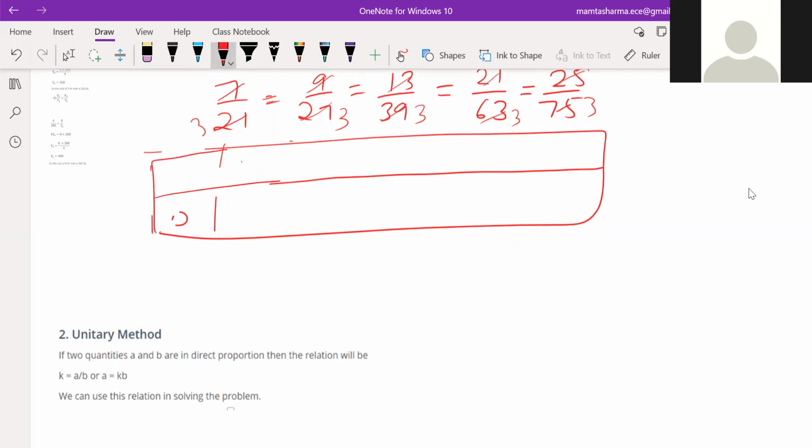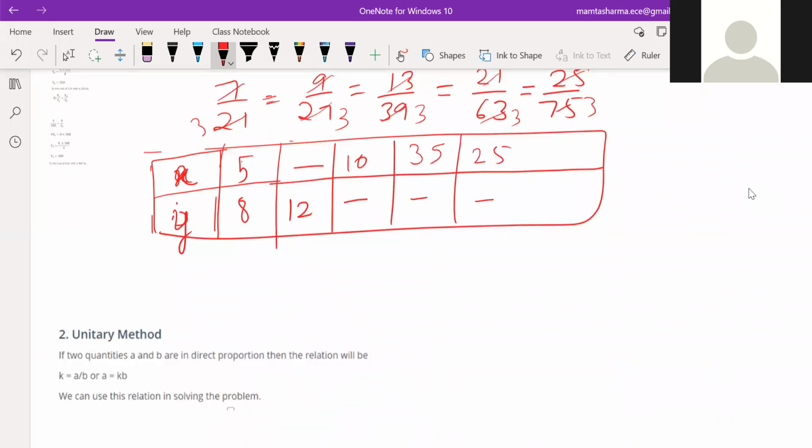It is asked in the question to complete this table. X and Y are given: 5, 8, dash, 12, 10, dash, 35, dash, 25, dash, 32. Actually, this is simple.